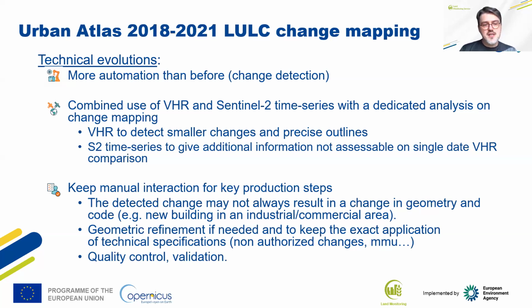But also Sentinel-2 imagery, using time series to capture consistent temporal signals. It gives information not accessible in a single date VHR comparison. Then combining the results of these two analyses allows us to extract a layer of change candidates.